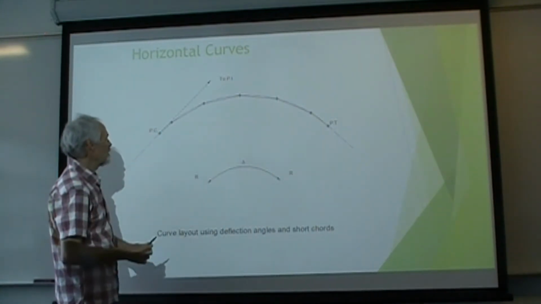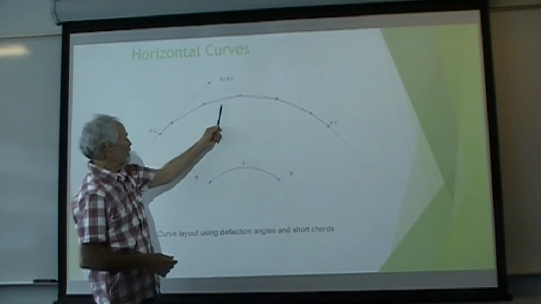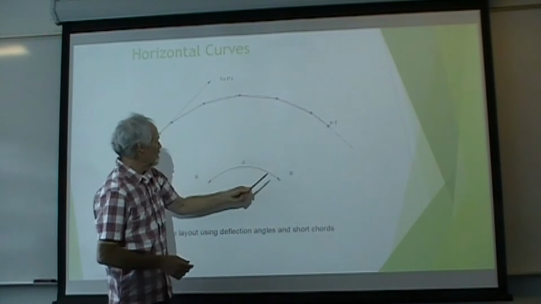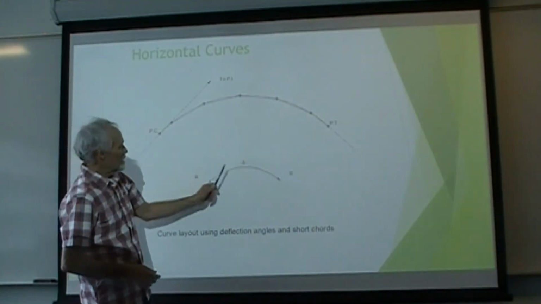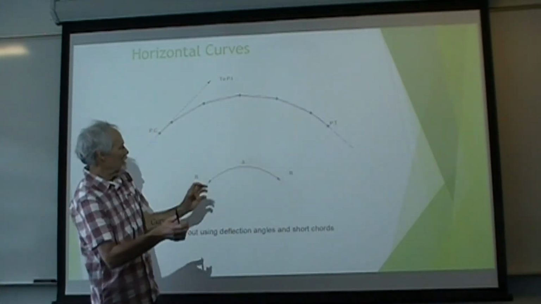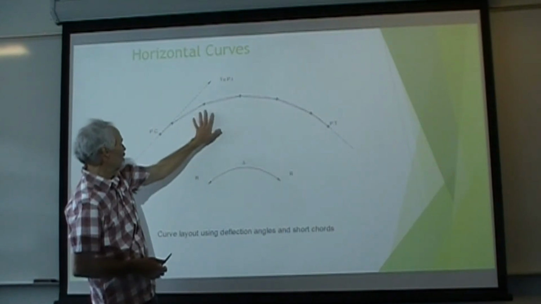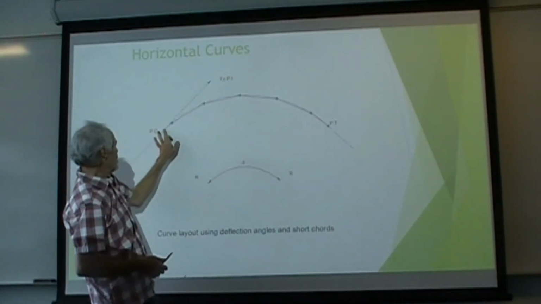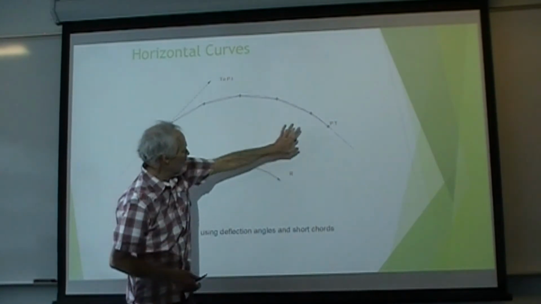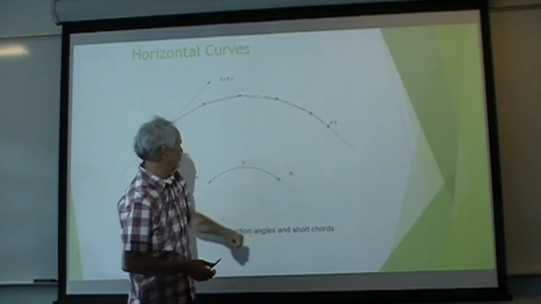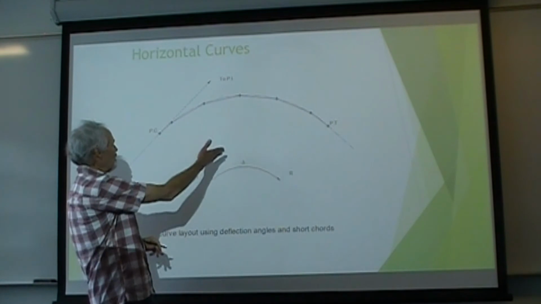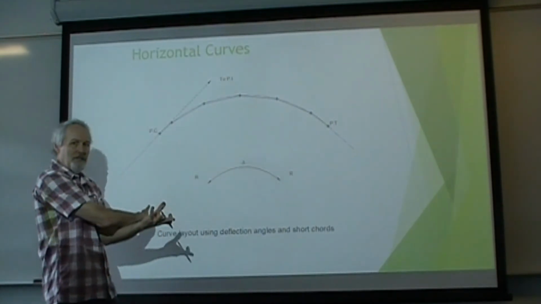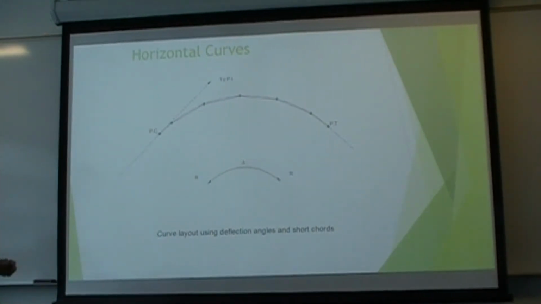In a typical problem, the interior short chords are all going to have the same number, but the starting short chord and the ending short chord are going to be something less than that. So if we're doing a 50-foot layout right here, these are going to be close to 50 feet, but depending on what your stations are here and here, they're going to be something even less than that. And again, deflection angles for this are going to be the same as the deflection angles for the other process, but the only thing we have to reckon or calculate would be these short chords at that point.